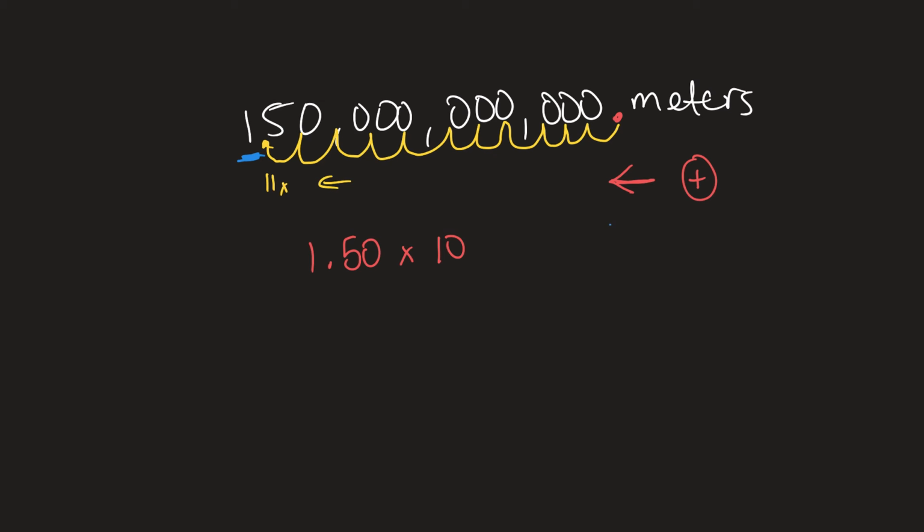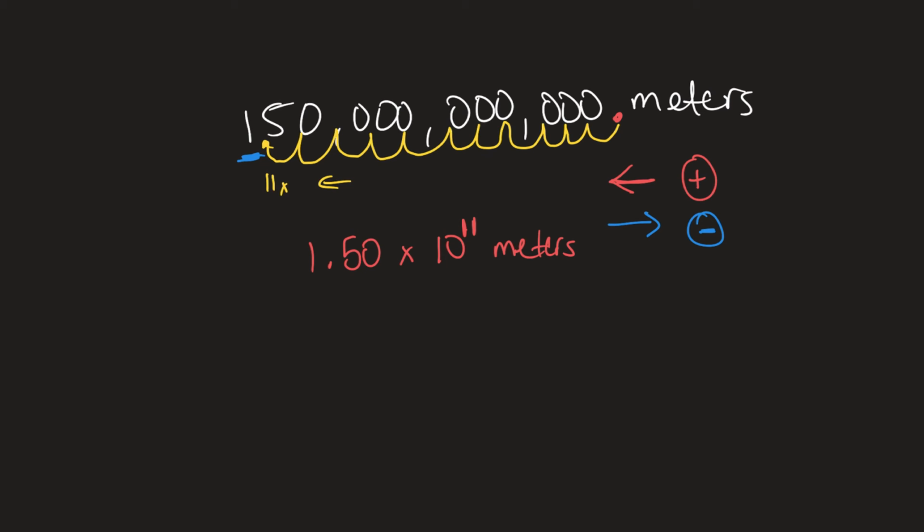If you move the decimal towards the right, the exponent's going to be negative. So in this case, it's now 1.50 times 10 to the positive, and I'm not going to put a plus sign, but to the positive 11 meters. Okay, and so that's the number for that one, right?